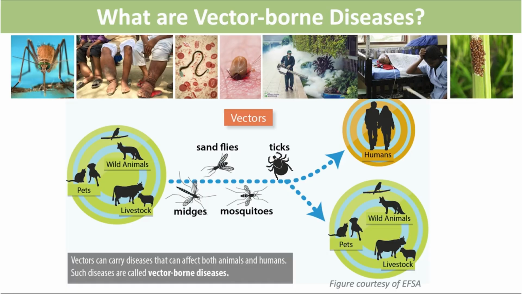These vectors consist of a very diverse group of living organisms, typically insects, but it can also be other invertebrates, for instance, snails and ticks. And they can transmit these pathogens from human to animal or animal to human or between human to human, as illustrated here in this figure.